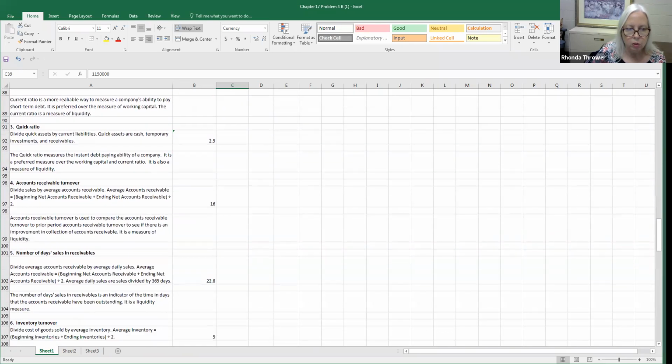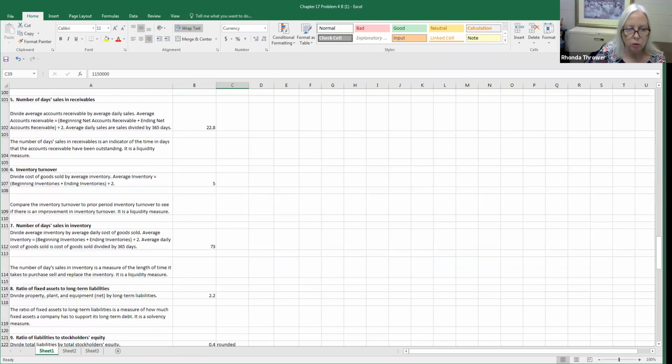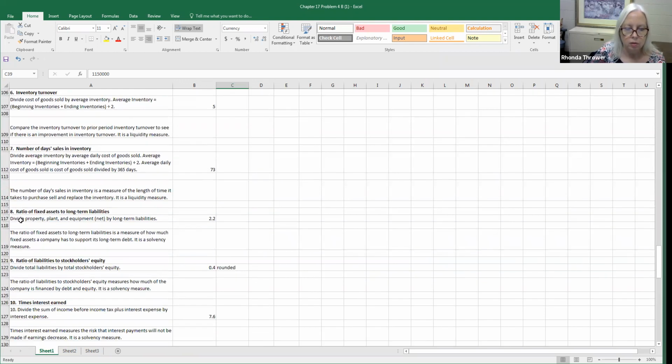So we'll scroll down the page here till we get to the number 8 ratio, which is the ratio of fixed assets to long-term liabilities. And for this year, it was 2.2 times. What you would want to do is compare this with what you got for the last year.